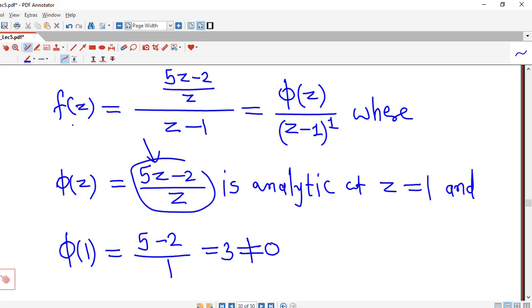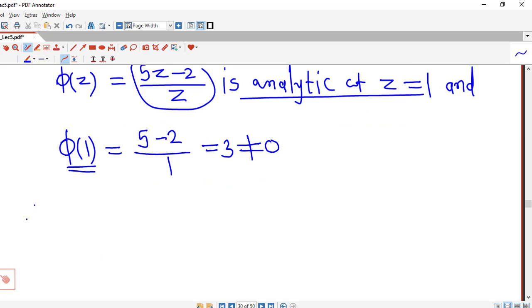So here also f of z is written as phi of z divided by z minus 1 to the power 1, where phi of z is analytic at z equal to 1 and value of phi at z equal to 1 is non-zero. Therefore, this z equal to 1 is a pole of order 1, because here also power of z minus 1 is 1.